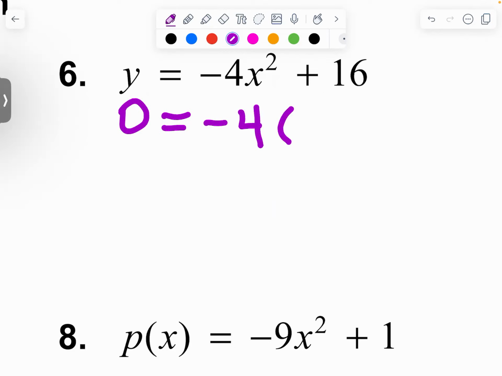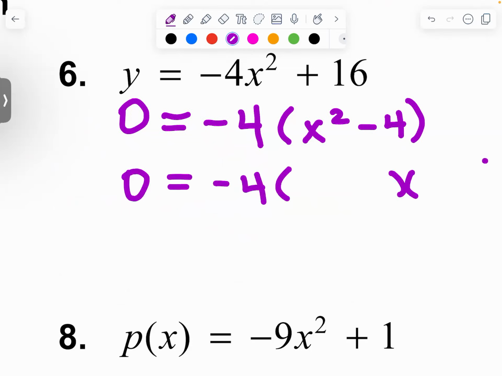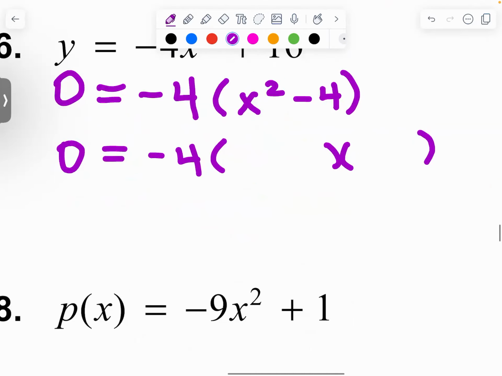So if our GCF is -4, x squared minus 4, right? So what does x squared minus 4 factor to? X plus 2 and x minus 2.